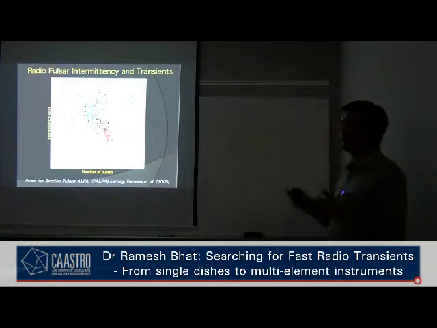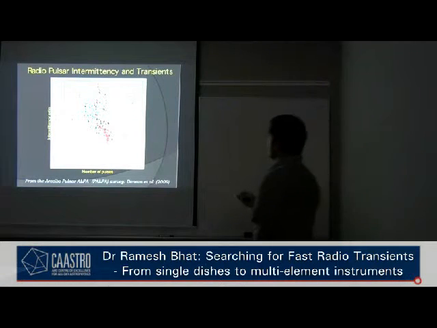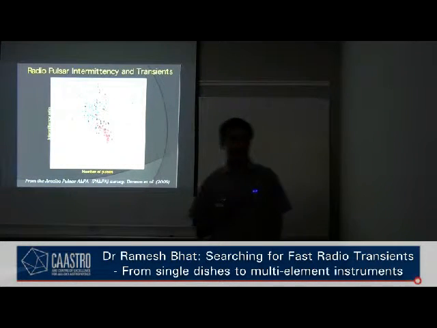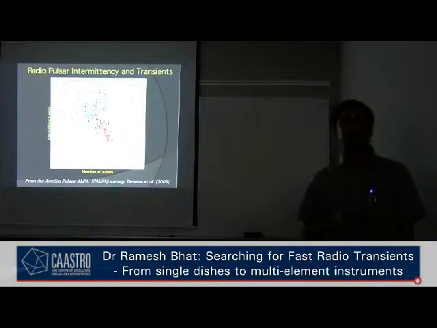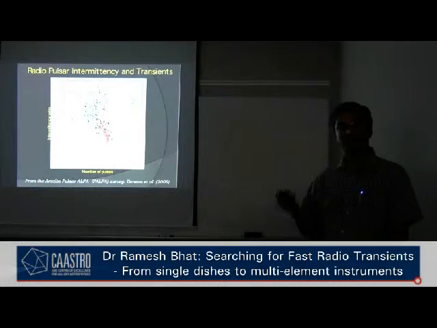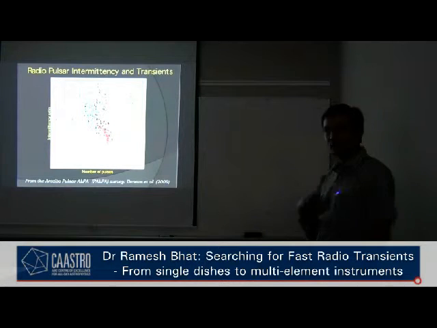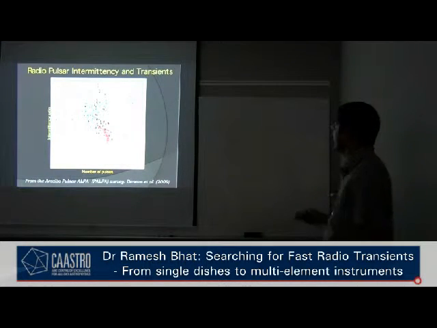So it can help you understand what sort of objects are potentially more easily detectable through transient searches. Well, the number of samples is not very large at this point, but the projection is that if you continue such search strategies, you can be discovering a large population of them. At least that's one distinct class of neutron stars that tend to emit every once in a while.